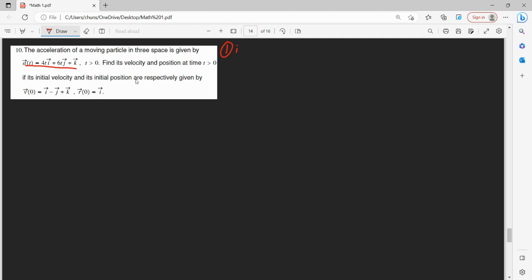I will show you. So integral of acceleration to get velocity. Right? So we are going to take, it's 4t, 6t, and then that's just 1.